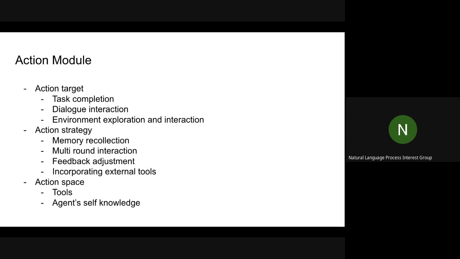So this is what it says are the three possible things an agent can do. And then the action strategy, right, is either it can recollect a memory, it can have some multi-round interaction, do something, hear back, do something, hear back, feedback adjustment, or incorporate external tools. And then the action space can include tools or it can include the agent's self-knowledge.